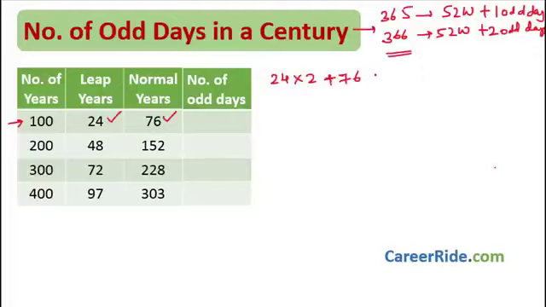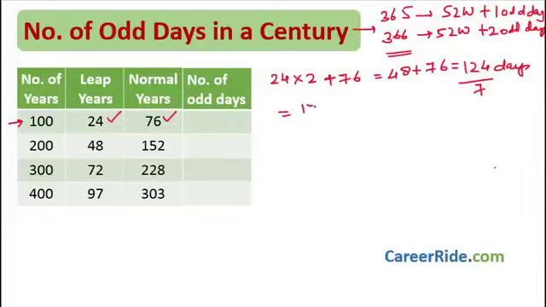So what does this give me? This is equal to 48 plus 76, and the total here becomes 124 days. Now, if I want to find out the number of odd days, I have to divide it by what? I have to divide it by 7, because I want to see how many complete weeks are there. So how many complete weeks will be there if I divide 124 by 7?